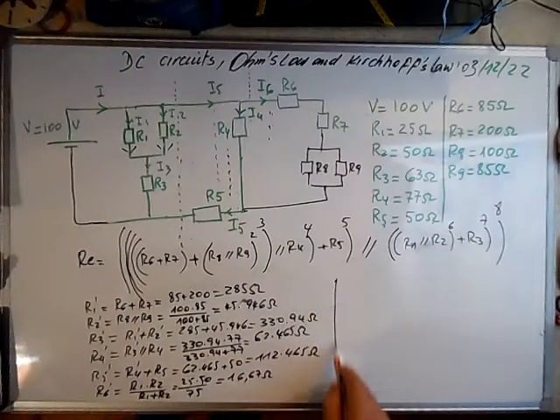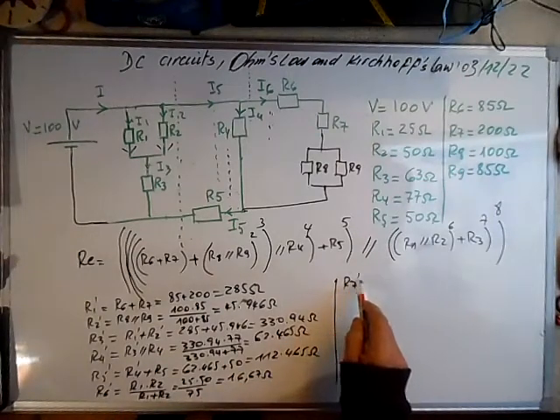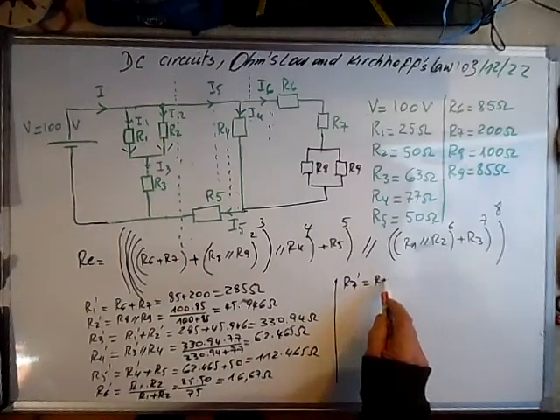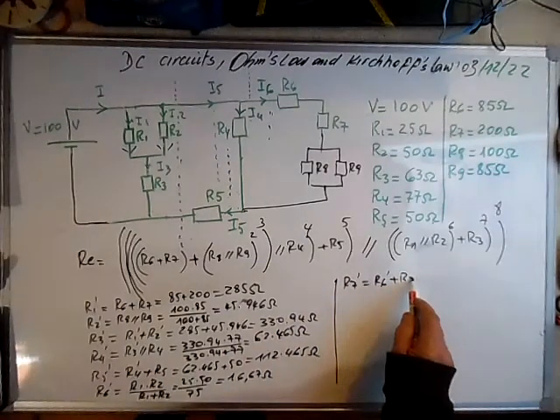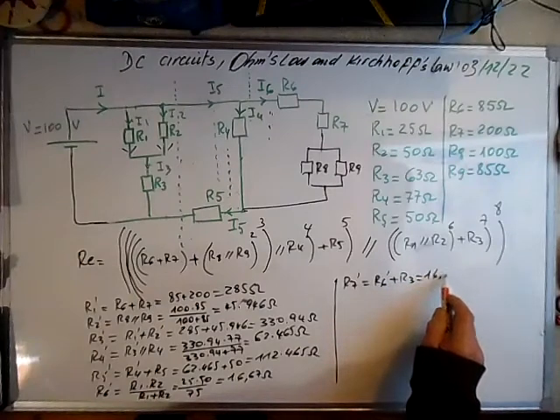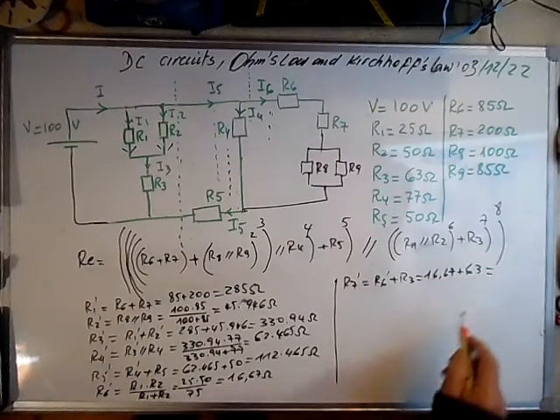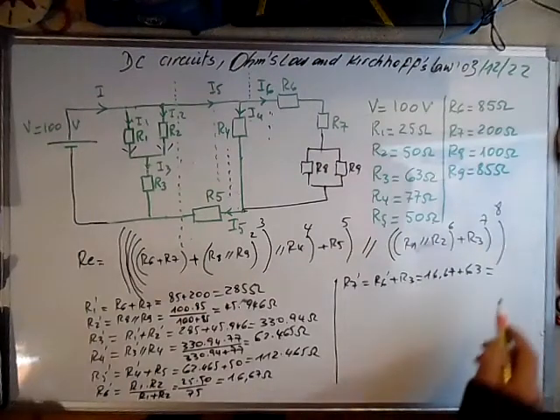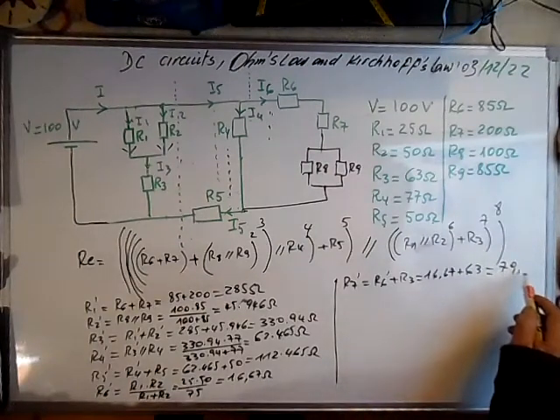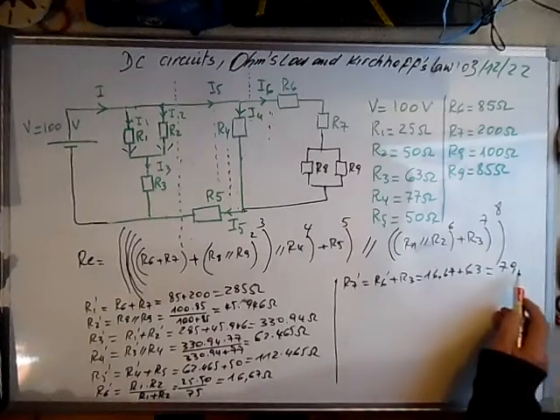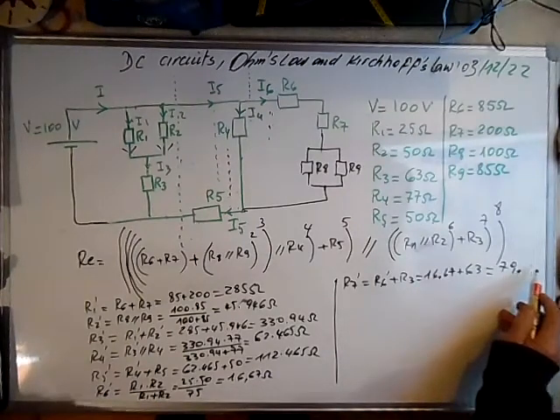We go to R7 prime, this is R6 prime plus R3, and this is 16.67 plus 63, that will give us 79.67 ohms.